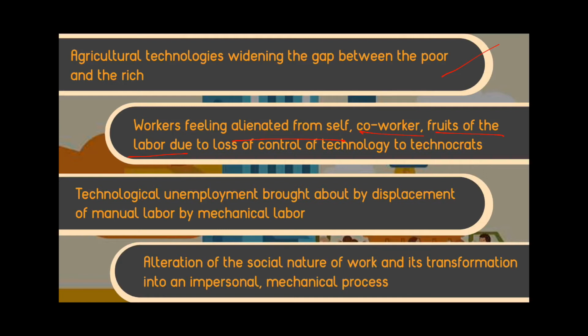Robot hands can already do the same thing that human hands can at a more efficient rate. So people are getting laid off and therefore they feel alienated from their work. So, as I said, technological unemployment is brought about by the displacement of manual labor by mechanical labor.